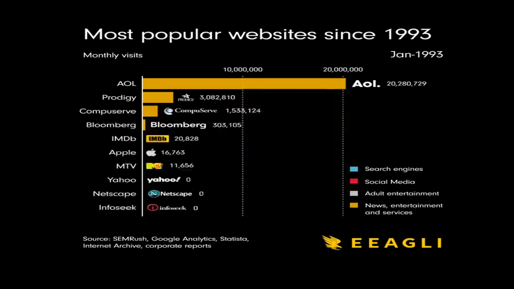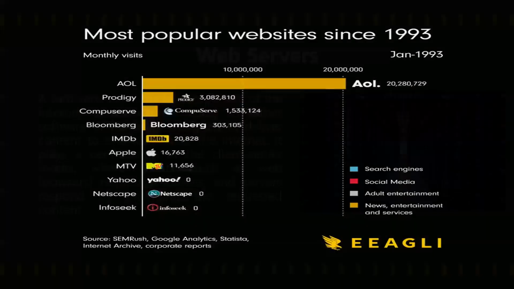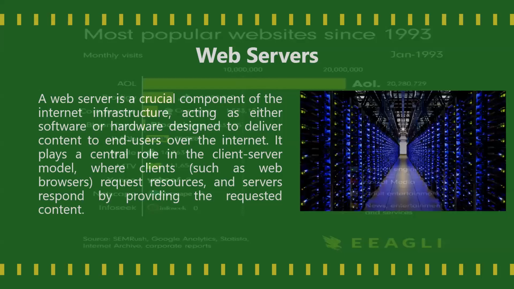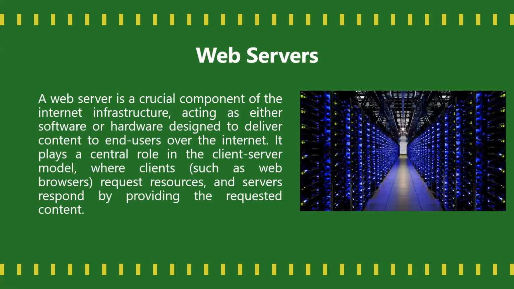Web browsers are among the most popular websites, through the survey done by EEAGLI. Now we are going to go further with web servers. A web server is a crucial component of internet infrastructure, and it is one of the costliest things in a setup to deliver anything to the user.